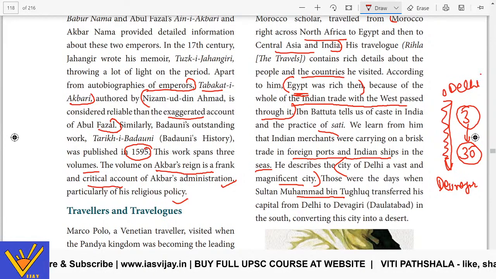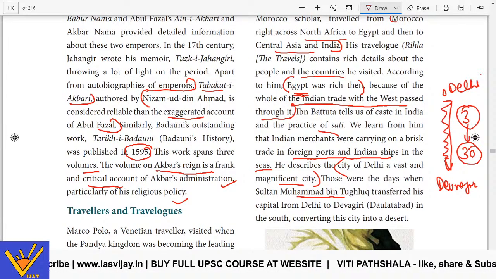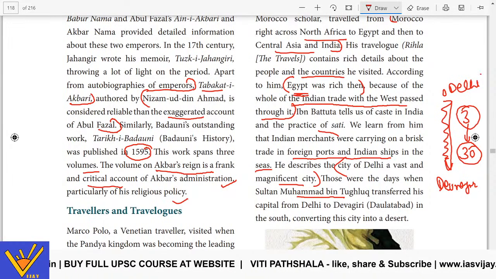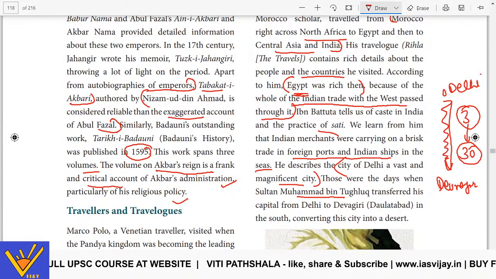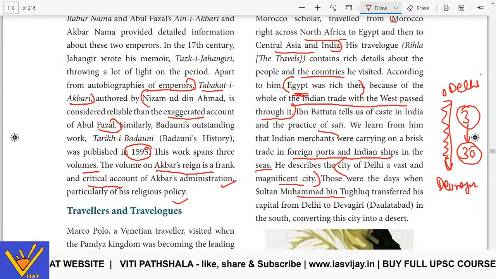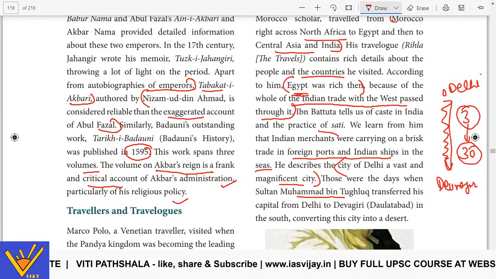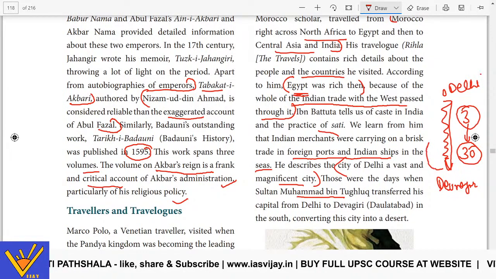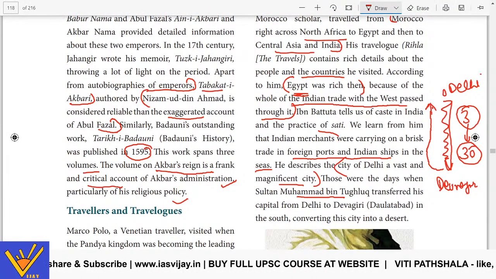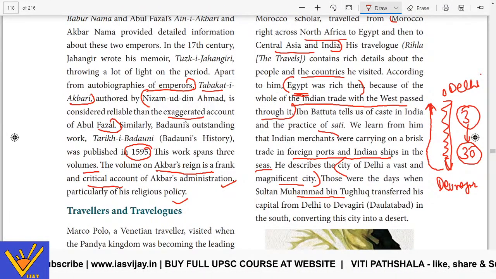Then what happened, he found that it is useless, because the Arabs will invade. Arabs will invade when he is in central Devagiri. So he again took a decision and went back to Delhi and made Delhi his capital.